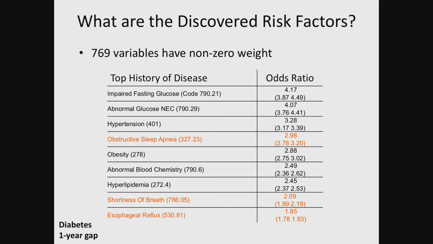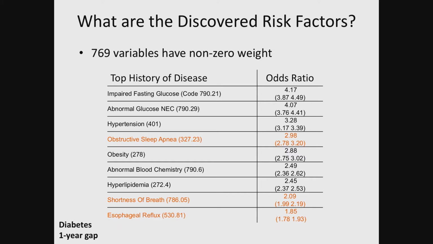Shouldn't they have been excluded? The answer is no, because there are also patients who are pre-diabetic in this data set who have been intentionally included because we don't know which of them are going to go on to develop type 2 diabetes. And so this is an indicator that the patient has been previously flagged as being pre-diabetic. It obviously makes sense that that would be at the very top of the predictive variables.